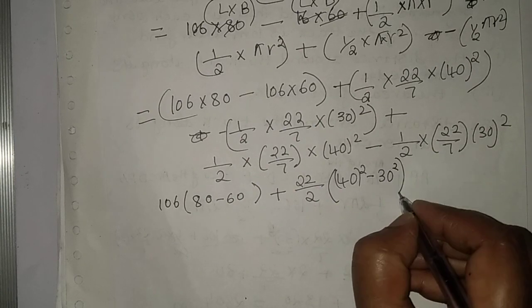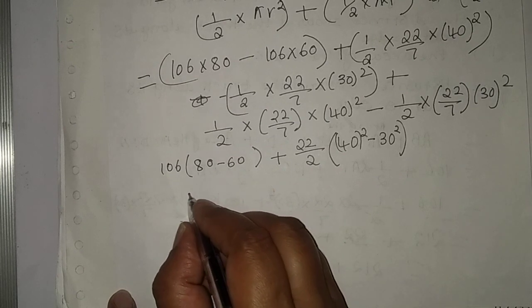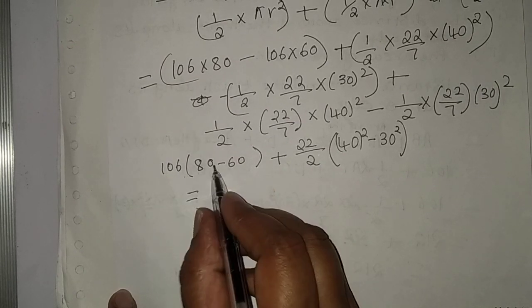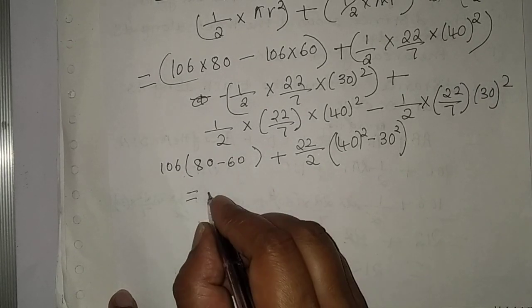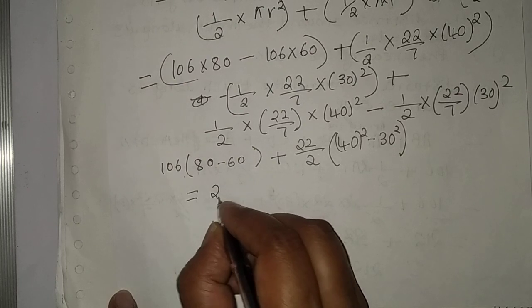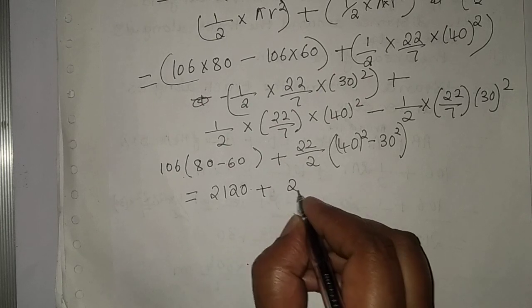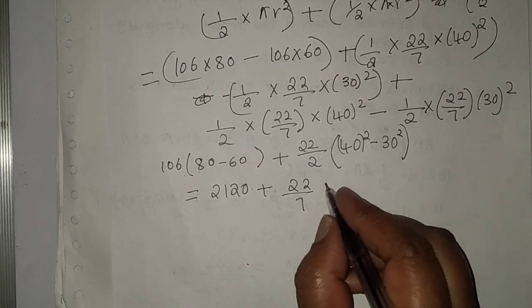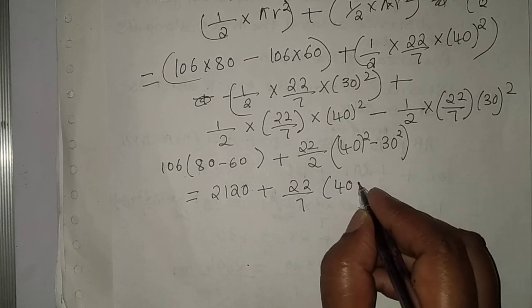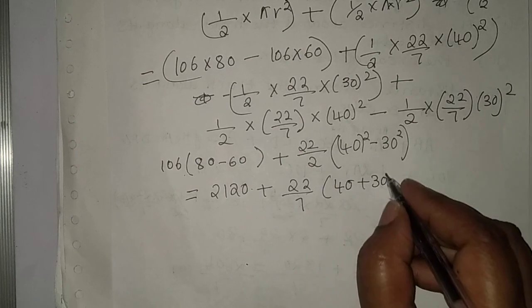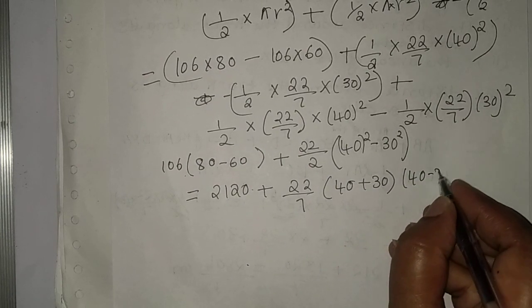This gives 20 into 106, which is 2120, plus 22 by 7 into (40 plus 30) into (40 minus 30).